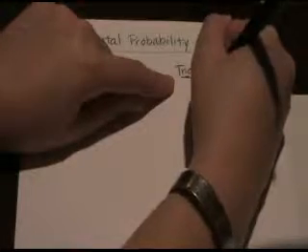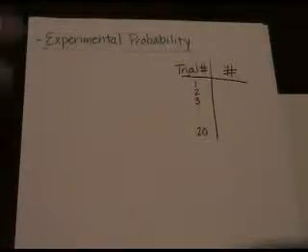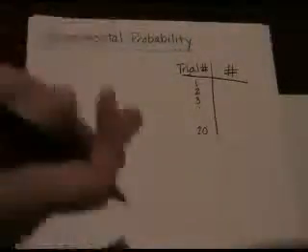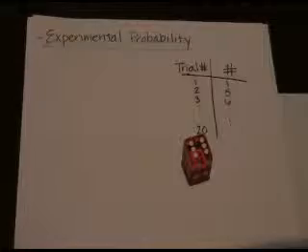For trials, it might be best to do 20 of them. To save time, this is a tutorial, let's just pretend. So we roll it once, we got a 1. Roll it again, 5. Roll it again, 6, and so on and so forth.